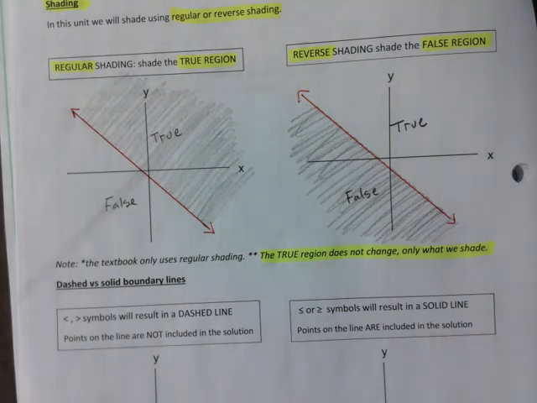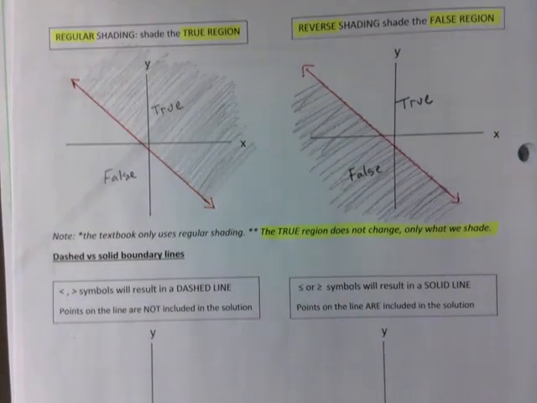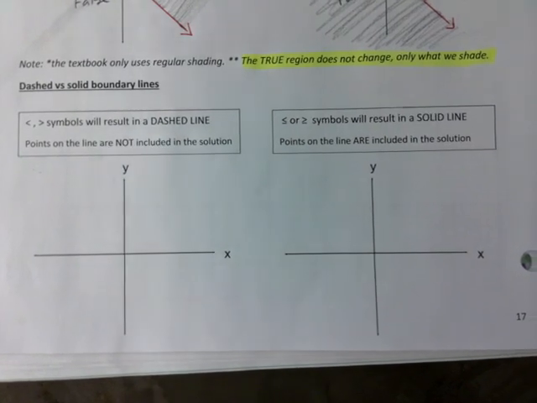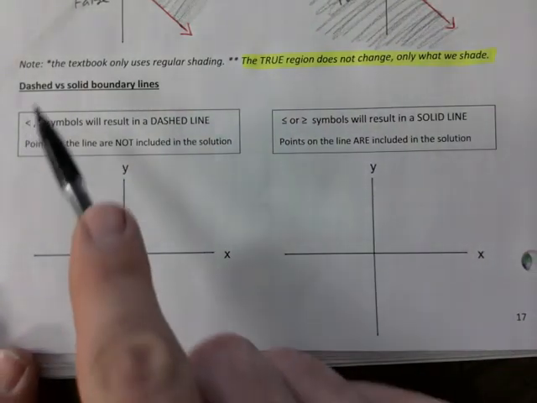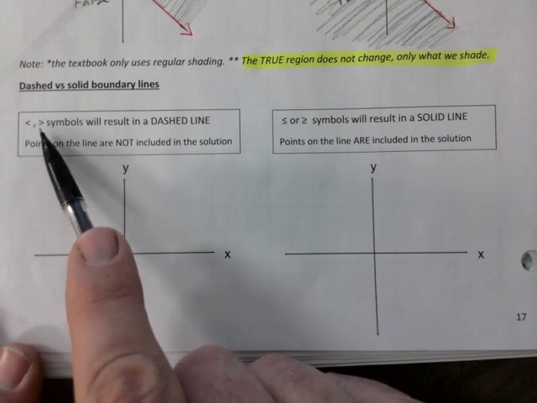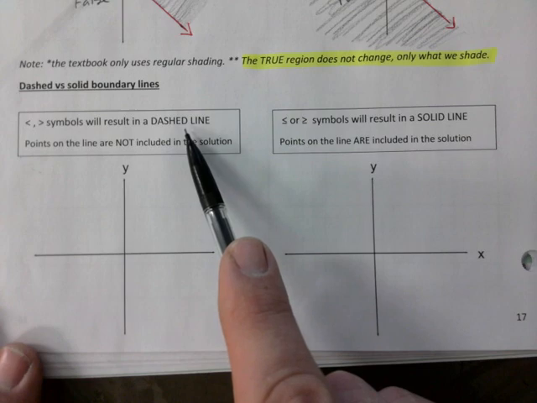Dashed versus solid lines. That's the next thing that we need to examine. So, if you have the inequality symbols less than or greater than, there are two of them, then it will result in a dashed line.